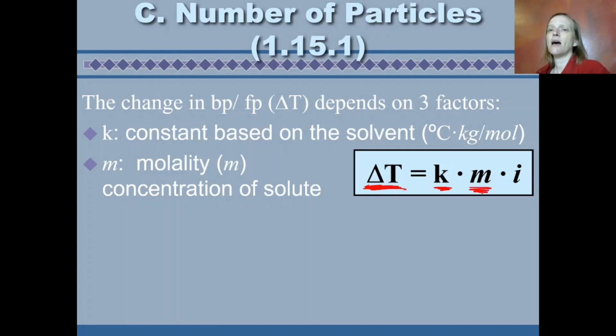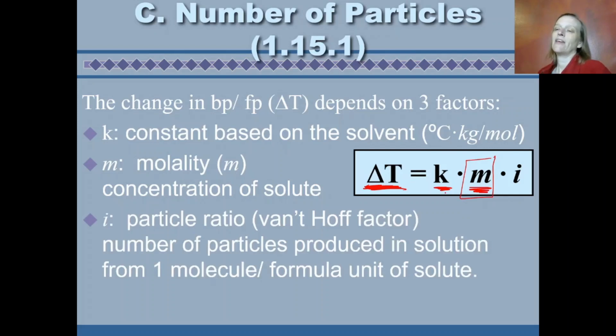M is molality, as we've seen before when we were calculating concentrations of solution. It's one way of calculating concentration of a solute in solution. And this i value here is called a Van't Hoff factor, and it is a measure of the number of particles produced in solution from one molecule or one formula unit of the solute.